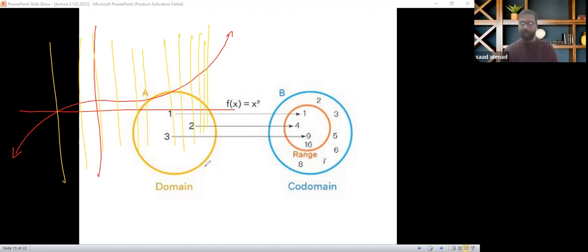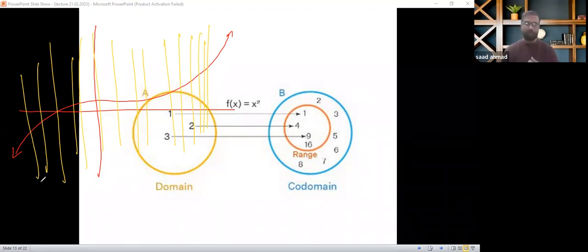If the lines, everywhere you can think of, never cross the graph twice, then it's a function. It's called the horizontal line test. Oh, sorry, vertical line test, my bad. If the vertical line only crosses the graph once, then it's a function.